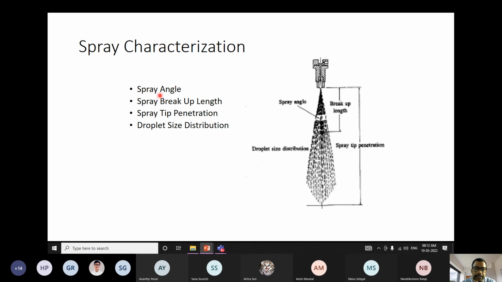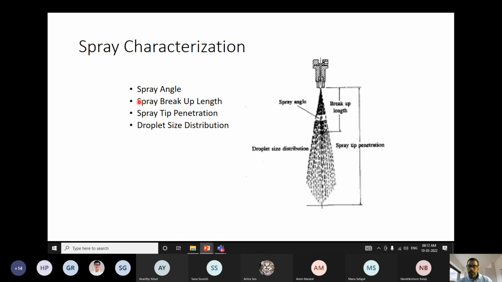The ones written here are spray angle, breakup length, spray tip penetration, and droplet size distribution. These are the typical characterization parameters of the spray, and based on them it is possible to explain most of the phenomena of combustion and emission.